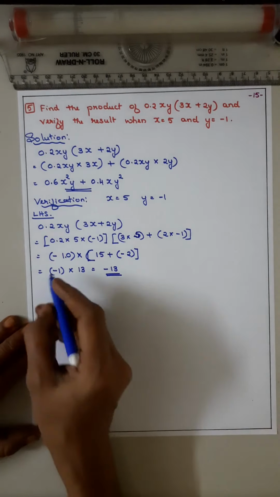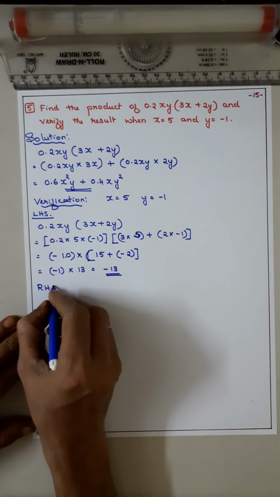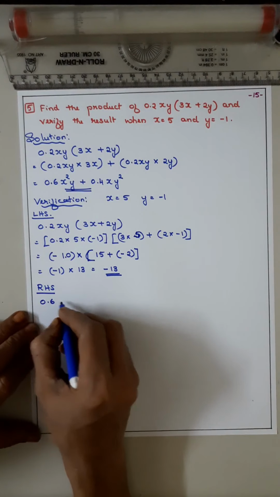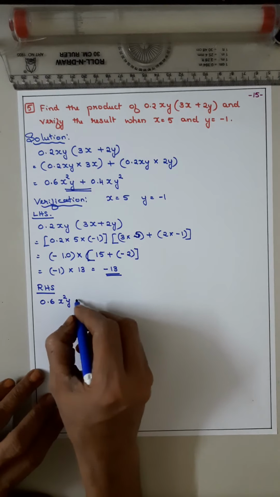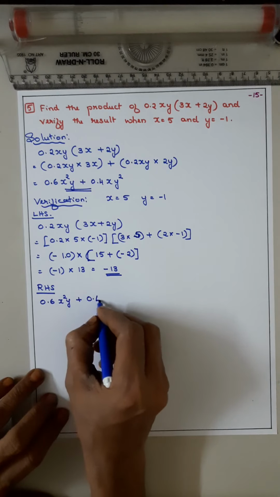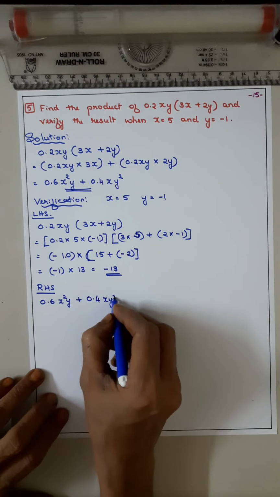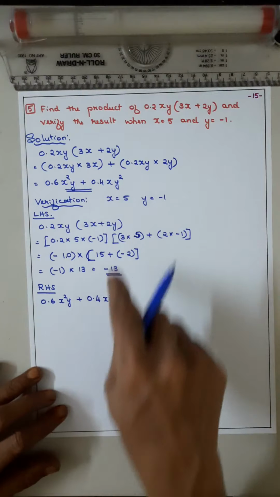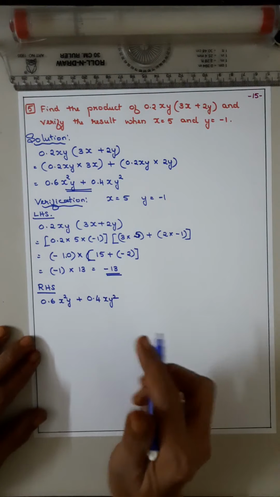Okay. Now coming to RHS. Write the answer 0.6 x squared y plus 0.4 xy squared. From here write whatever answer you got, you have to write RHS.